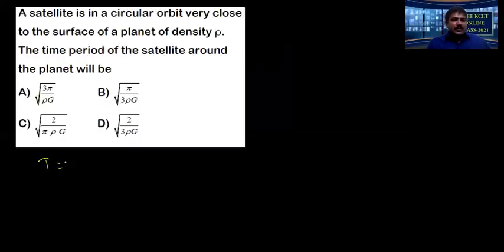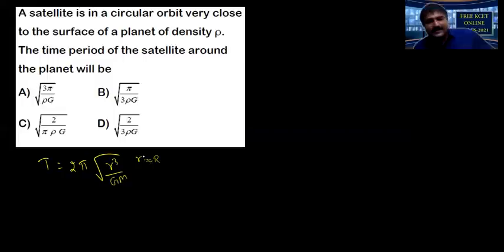Time period T equals 2π under root r cube by GM. For the satellite very close to the planet of density rho, r is equal to capital R, because h is 0 when it is given very close.